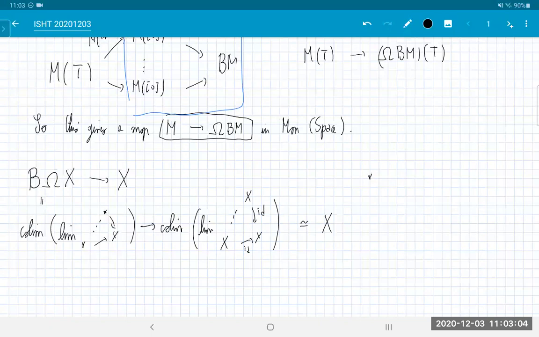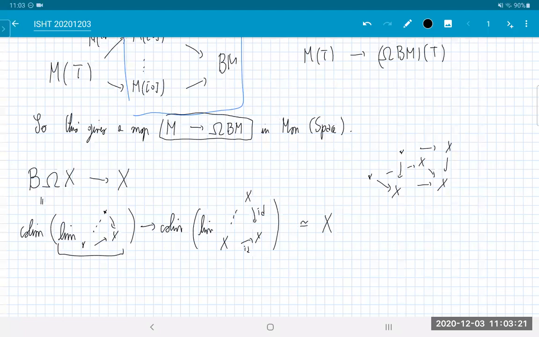Because there is always, for example, in the case... And here you have to be a bit careful because these maps are all non-homotopic. At every finite stage, this map is non-homotopic, but the diagram is not.